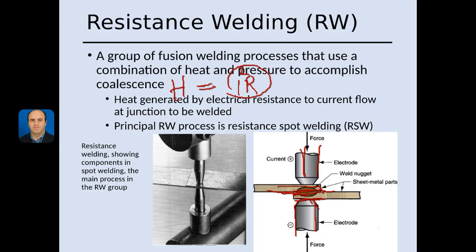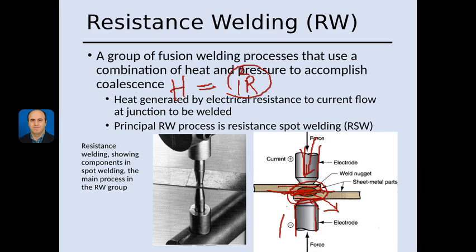And then the electrons are going to travel from the upper electrode to the bottom electrode, because when you have a high amount of current as well as high resistance, a lot of heat is going to be generated between the two plates, and the plate is going to be melted.